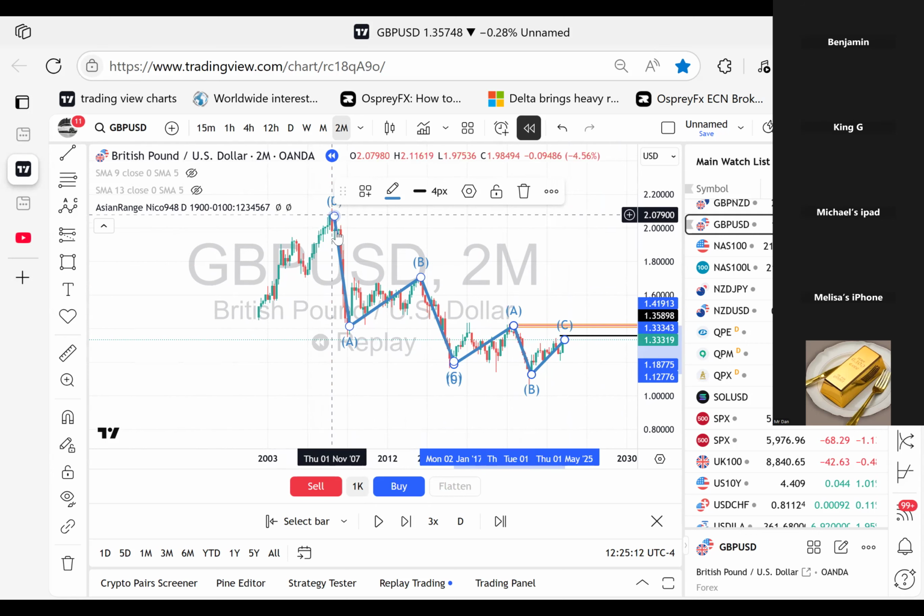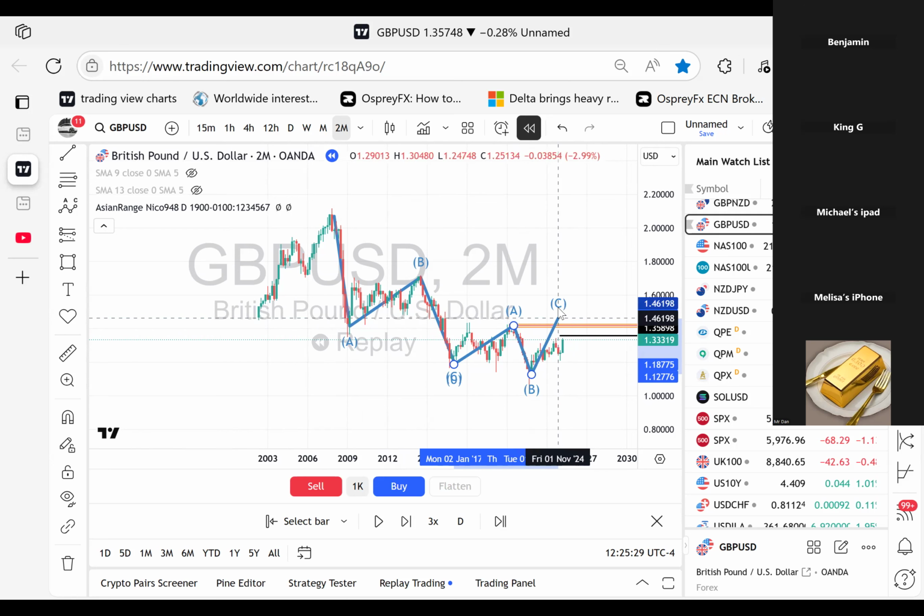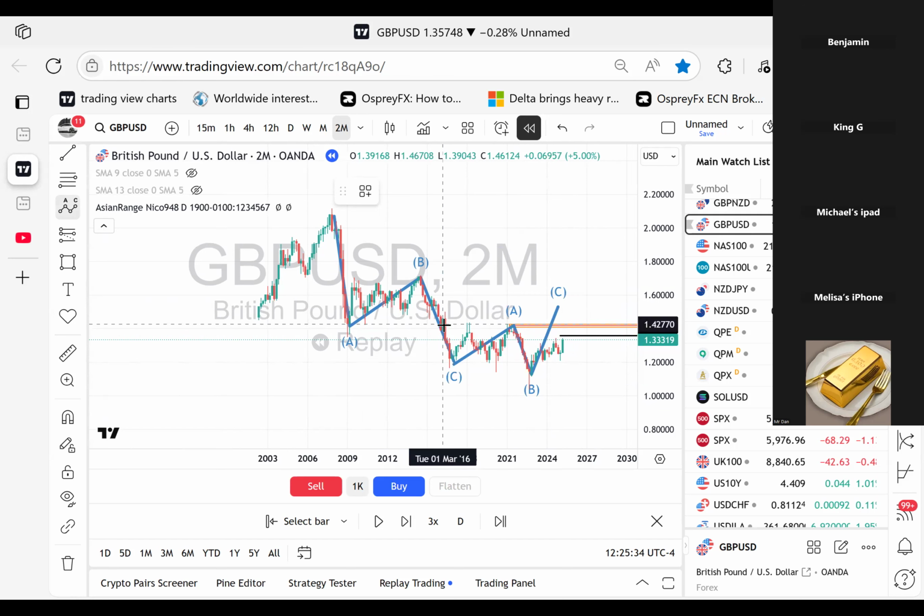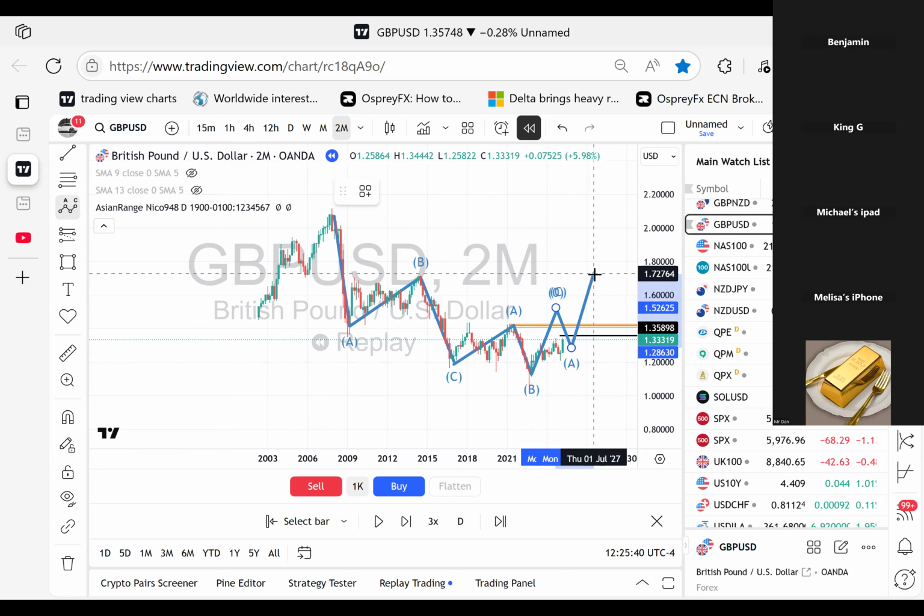So we got this big push down. We trade it back up into your imbalance. Push down again. We trade it back up into this order block and we push down. So maybe at some point we'll break this high. If we break this high like this, then what do we expect? We expect the market to pull back first, and then challenge this high, right?